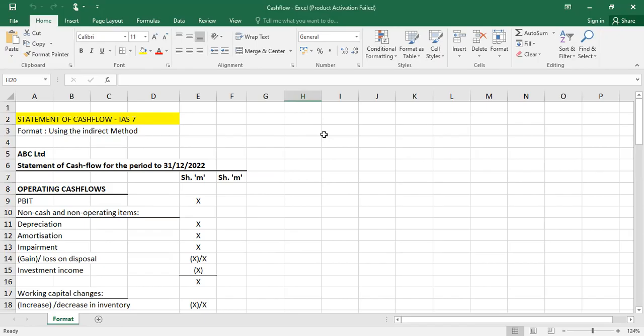There are normally two methods of preparing this. One is the direct. Number two is the indirect. I will always advise that you stick to the indirect approach for ease of preparing this, yeah?